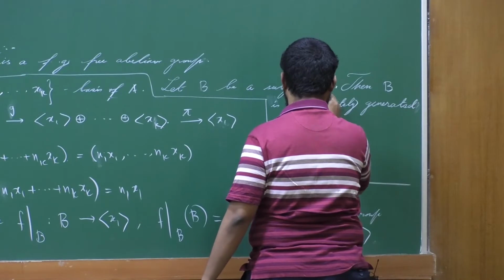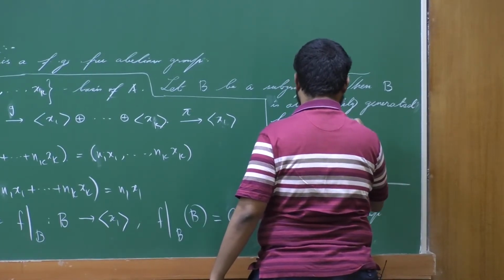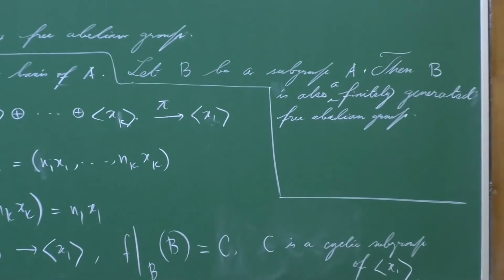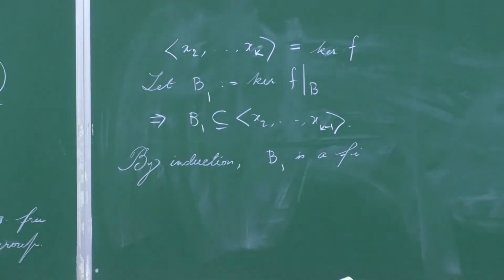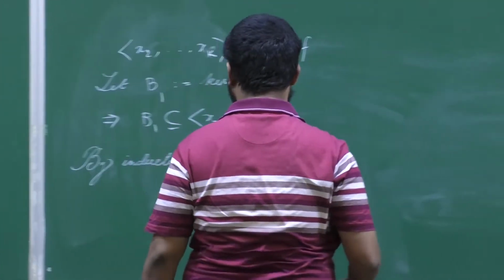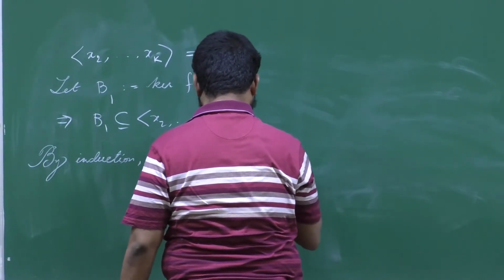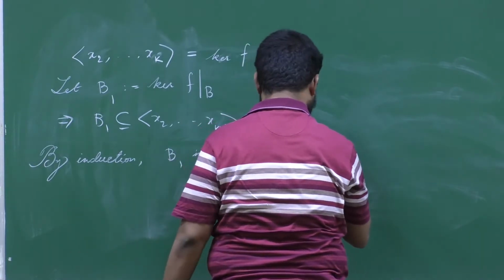B is also a finitely generated free abelian group. As I said, we will see much more. So by this induction principle, we conclude that B1 is also a finitely generated free abelian group.